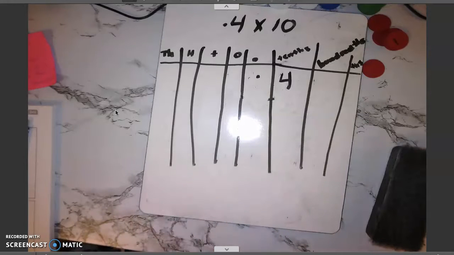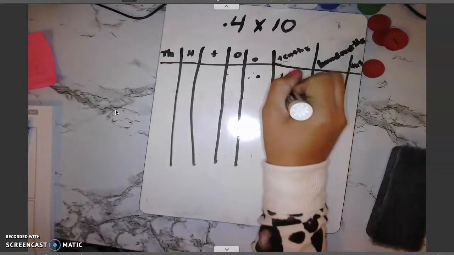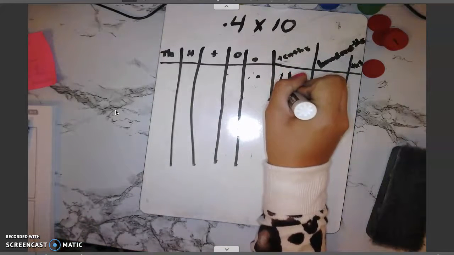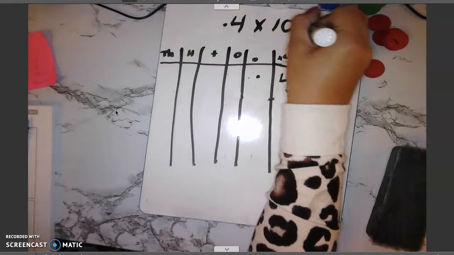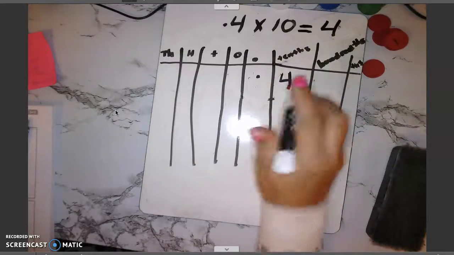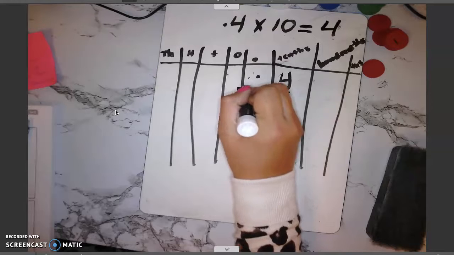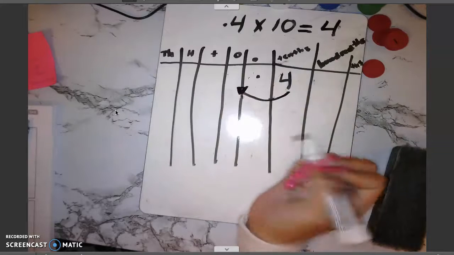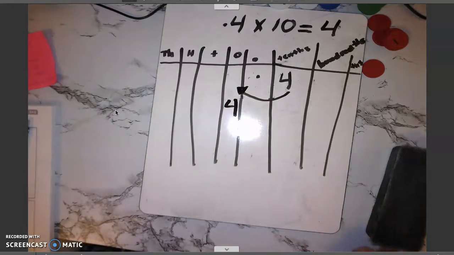After I grouped all of my tenths together, I had 4 groups of 10 tenths. 4 tenths times 10 is the same as or equal to 4. My 4 tenths changed. They were converted into 4 wholes.